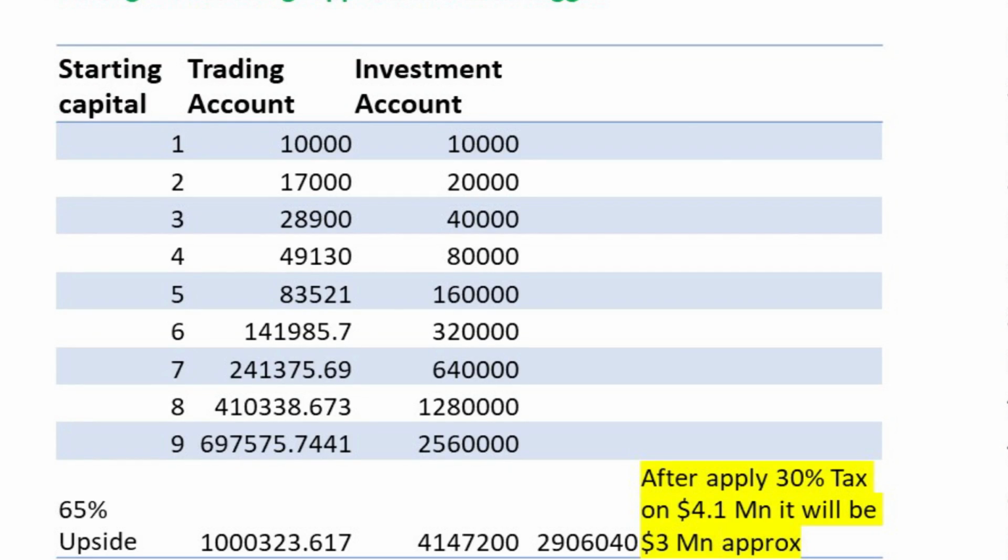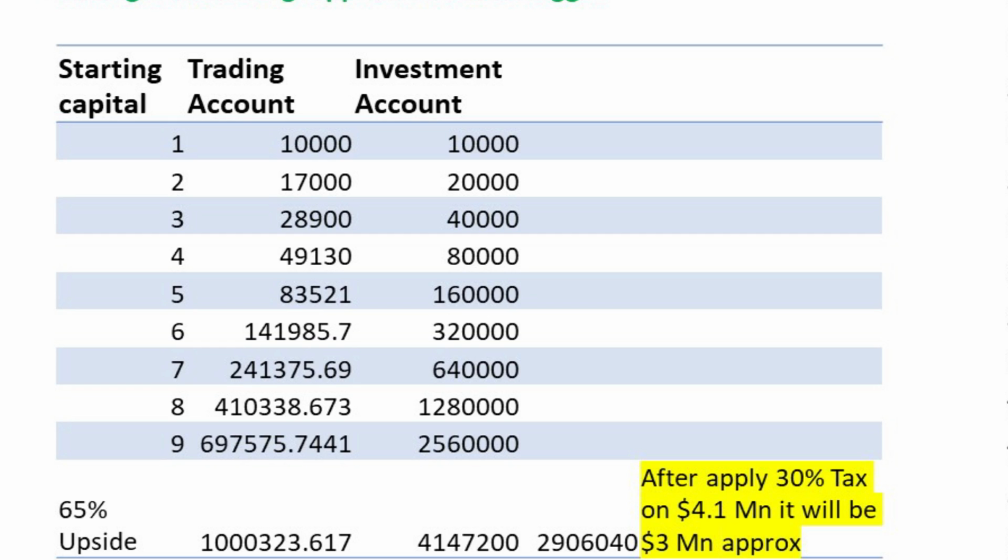Next is $160,000, then it becomes $320,000 and $640,000, whereas the trading account has become 240K. Now the investment account would touch $1,000,000, exactly $1,280K, in the 8th year. But during the 8th year, the trading account would have just touched 400K.